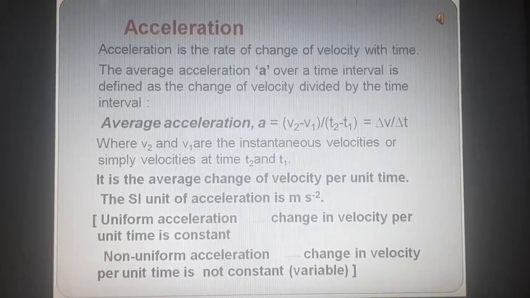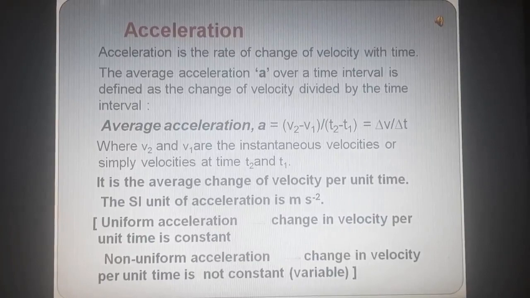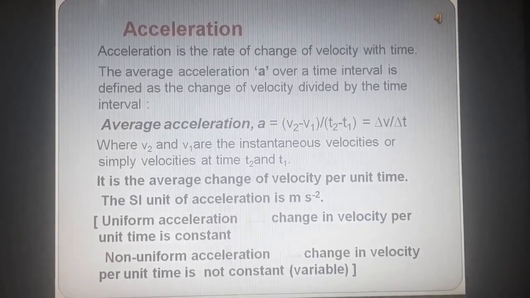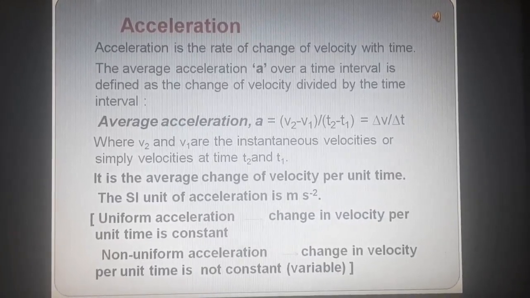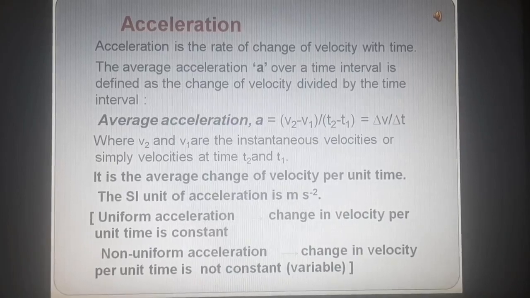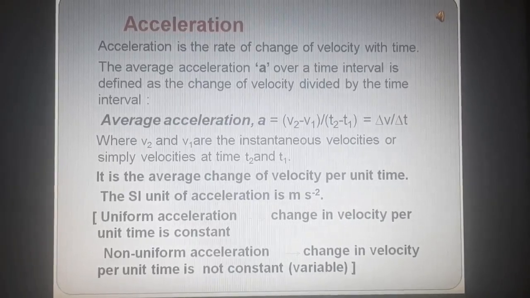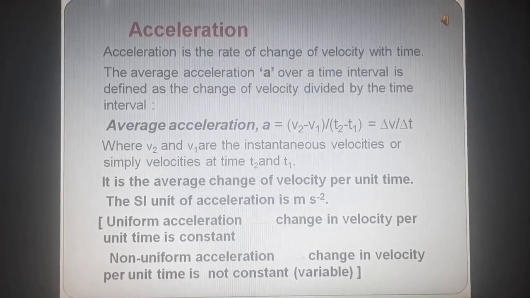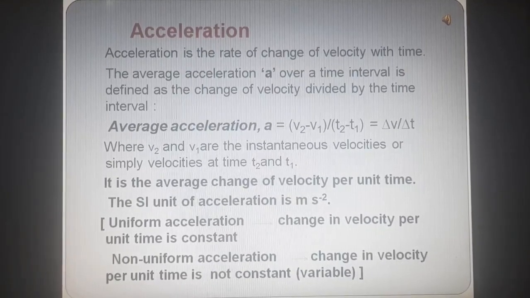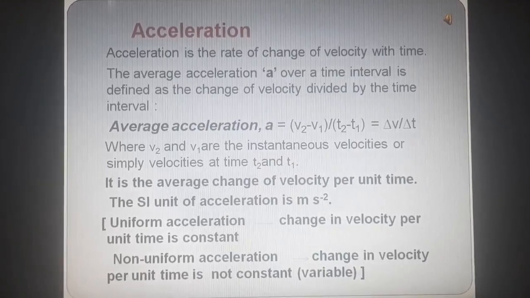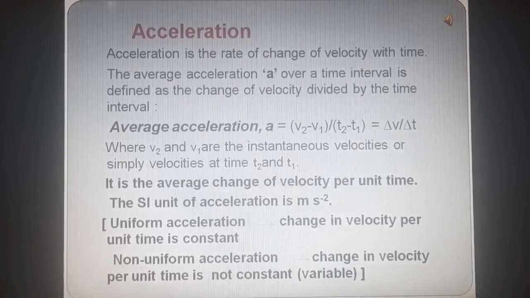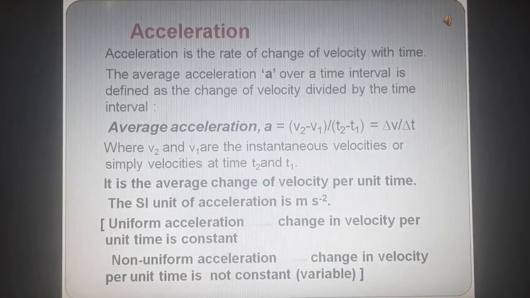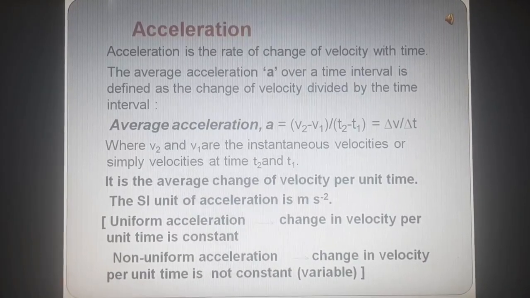You know that velocity of an object along a straight line when it is in uniform motion is constant with respect to time. In this case, the change in velocity of the object for any time interval is equal to 0. But in non-uniform motion, the velocity varies with respect to time.